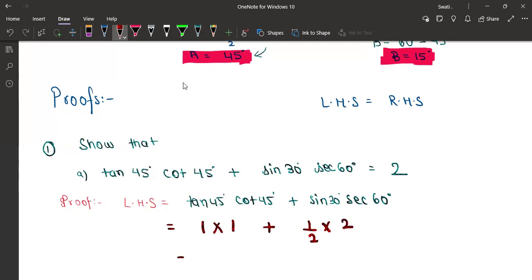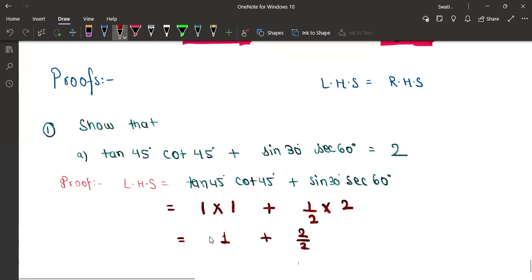So what is the answer? What is 1 into 1? 1. 1 plus, what is 1 by 2 into 2? Can you simplify this and give me the answer? Because this is very simple. 2 upon 2. Perfect. What is 2 upon 2? 1.